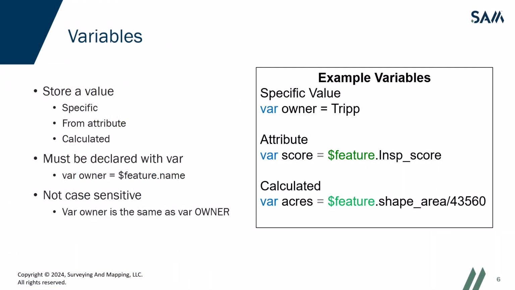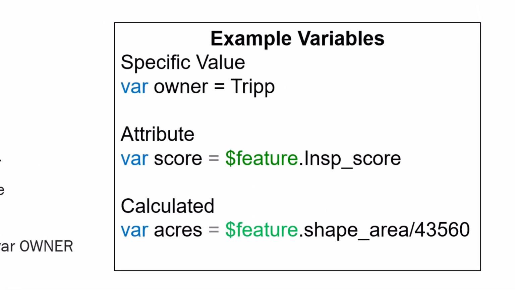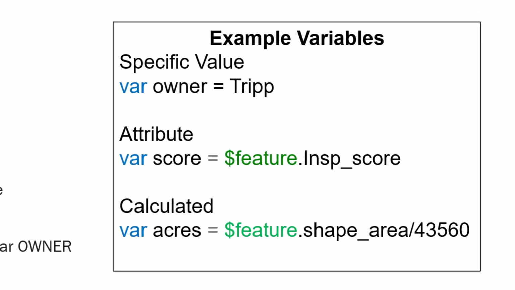So if you're going to define a variable or declare a variable in Arcade, you're going to do that within the code by using the keyword var, V-A-R, followed by an equal sign, then whatever value you're assigning to that variable, as you can see in some of these examples.